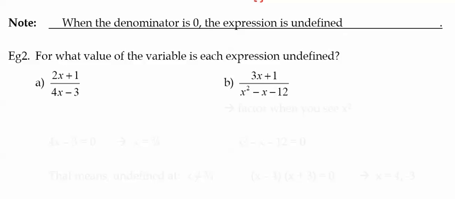When you think about the example in the previous case, when you have x equals 2, it will make the denominator turn into 0, and that's the time when we have an undefined expression. And so if we want to find the non-permissible values, we want to start from the denominator.